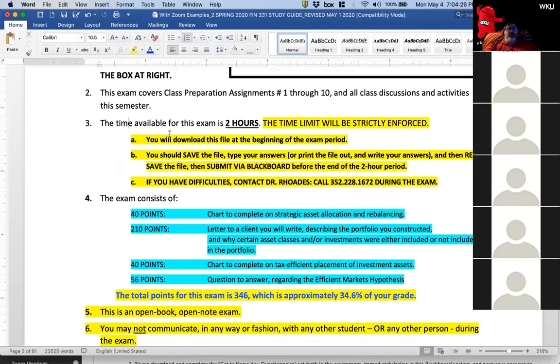You'll be downloading that file probably from the email that I send you, and you should save it and type your answers. You could print the document out and write your answers, but then you need a scanner of some type, so you can upload it to Blackboard as a PDF file. But if you just work on it and type your answers, which is fine, you can just upload it as a Word document at the end of the exam period.